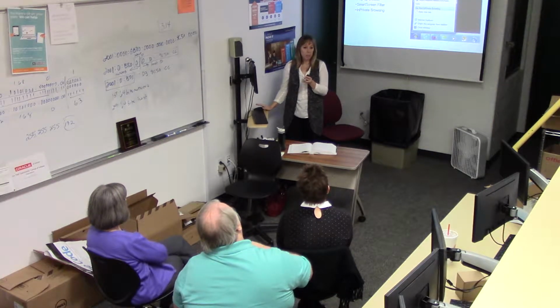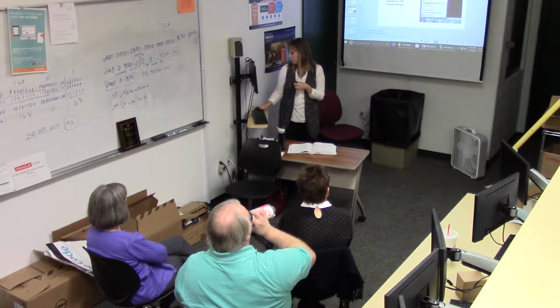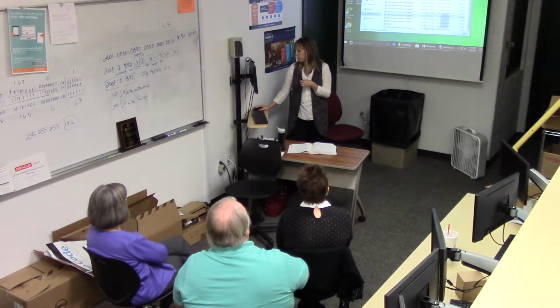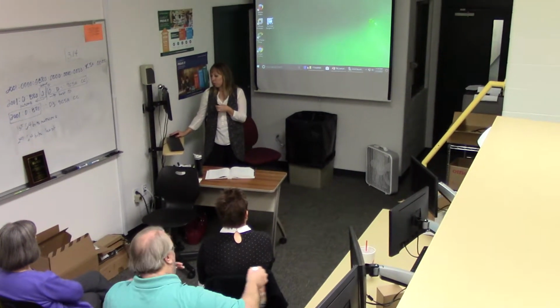I was going to have you guys bring up machines so that you could look at these, but I will demonstrate some different things you can do with the browsers. So as I said, the Internet Options is where you would go if you went to Edge.